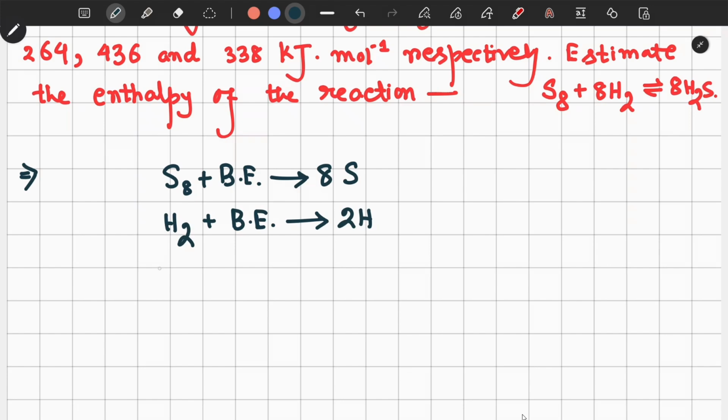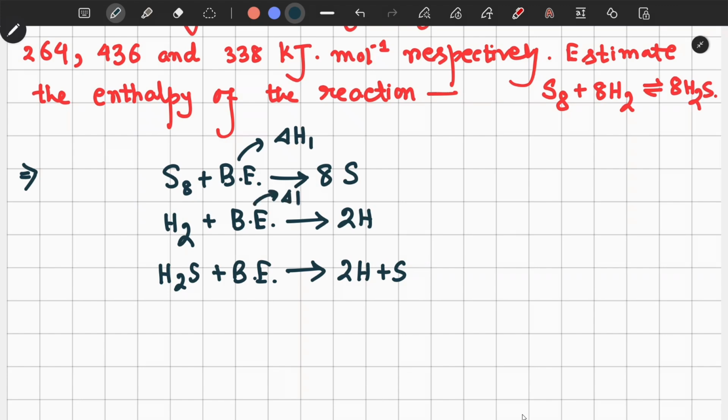And in the case of H2S, you also have to give its average bond energy, so then it will be 2H plus S. Let's say this bond energy is delta H1, this bond energy delta H2, and this bond energy is delta H3.